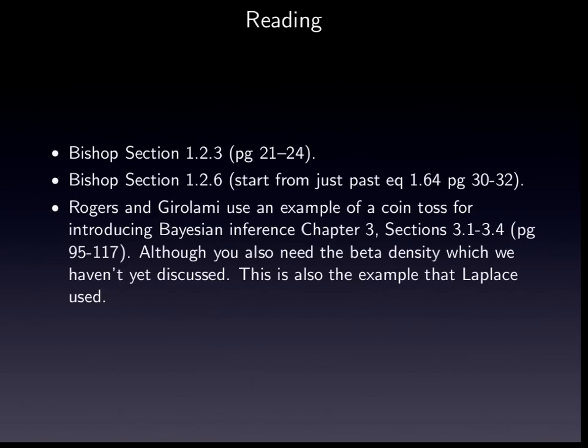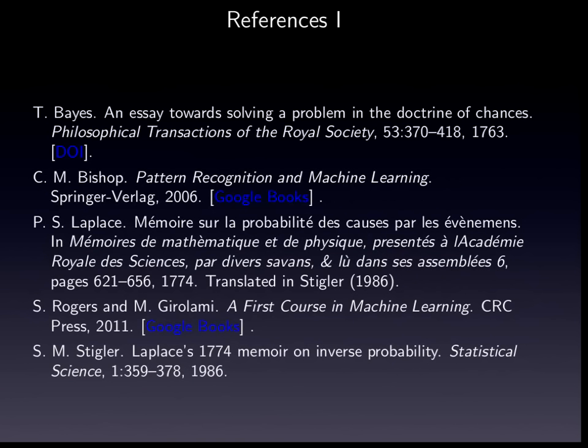They do Bayesian inference for a coin toss example in Rogers and Girolami, and then they move into the linear regression example we're doing. To do that inference, you need to know about the beta density, which we haven't discussed, but you can still try and read through it because you use the beta as a prior and a posterior. And then there's some sections to read in Bishop as well. Okay, that's it.